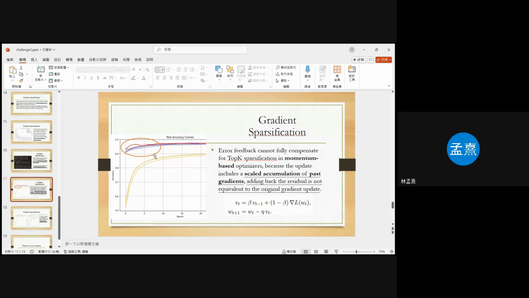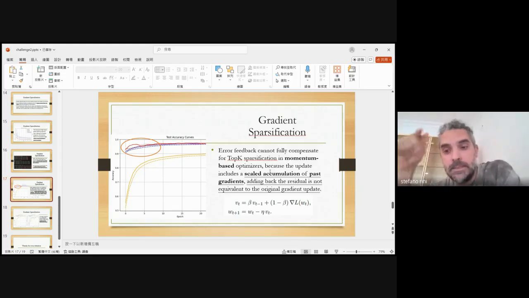On the plot, you can see that the other two methods are almost on the no top K one, but the momentum-based ones, these three are separate. Yeah, in fact, this is what you're saying now.